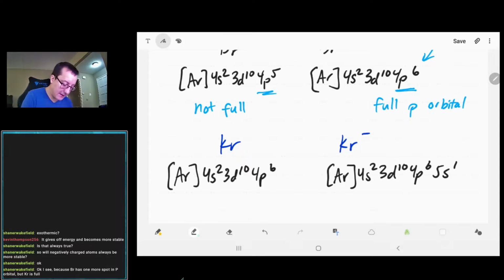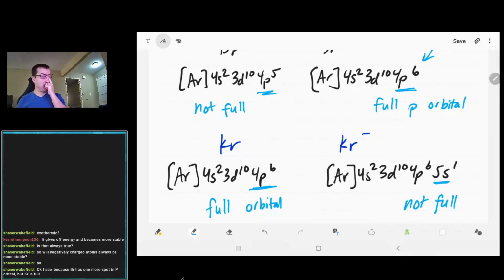And so we're going to see here again, we have our last orbital is full, and this s orbital is not full. And so we already know our alkali metals that have these s1 electrons are pretty reactive, right? They explode in water or air, bursting into flames and fun stuff like that. So we're going to see that this one is preferred.